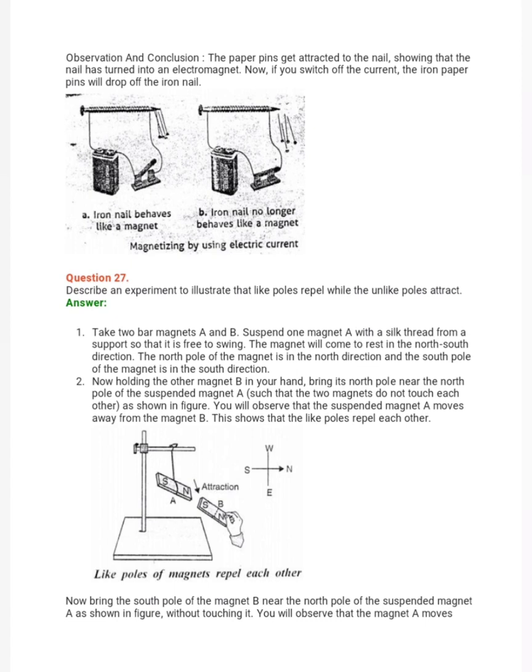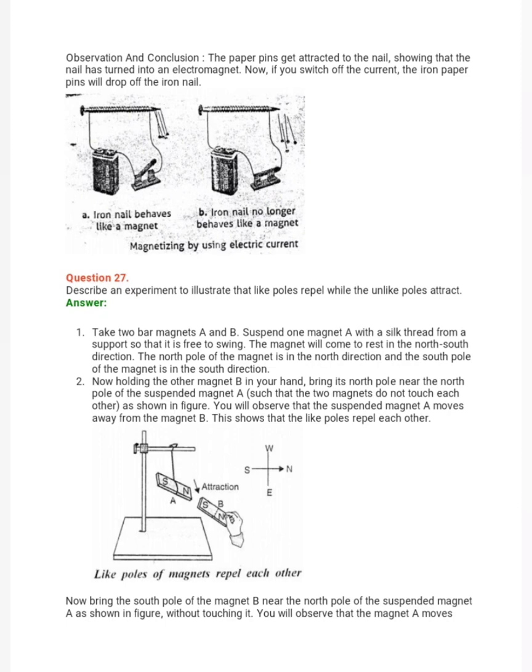Question 27. Describe an experiment to illustrate that like poles repel while the unlike poles attract. Answer. 1. Take two bar magnets A and B. Suspend one magnet A with a silk thread from a support so that it is free to swing. The magnet will come to rest in the north-south direction. The north pole of the magnet is in the north direction and the south pole of the magnet is in the south direction. 2.